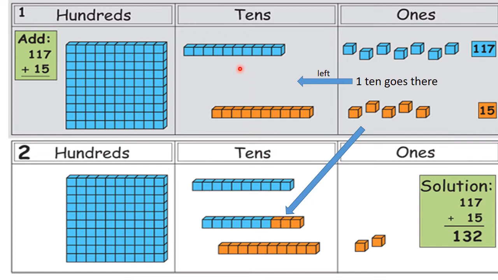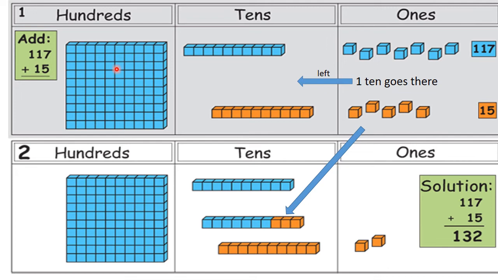Initially I had how many tens? 1 ten of 117 and 1 ten of 15, right? 1 and 1. And I have got one more ten from the ones column. So how many tens are there altogether? 1, 2 and 3. There are now 3 tens. 2 ones, 3 tens.